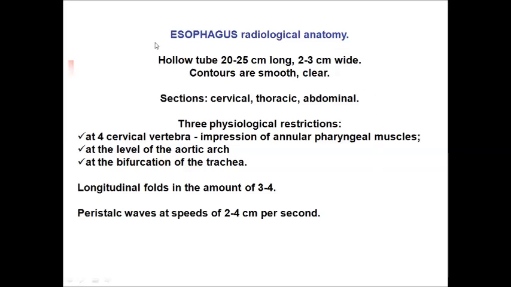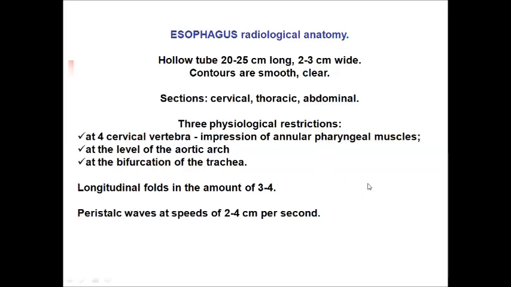Let's start with the esophagus. The esophagus is a hollow tube about 20-25 centimeters long and 2 or 3 centimeters wide. Normally, contours of the esophagus are smooth and clear. This organ is divided into several sections: cervical, thoracic, and abdominal. We may find three physiological restrictions in the esophagus.